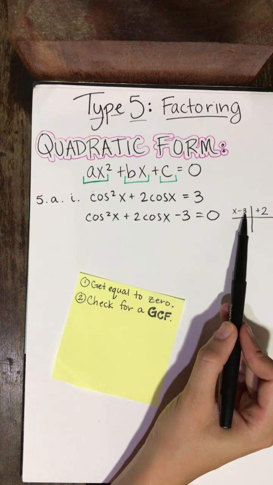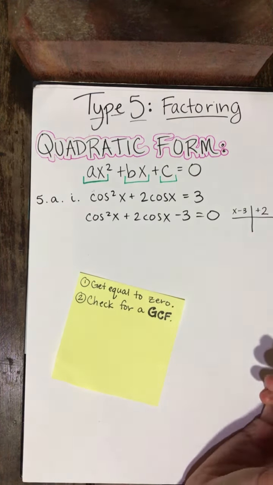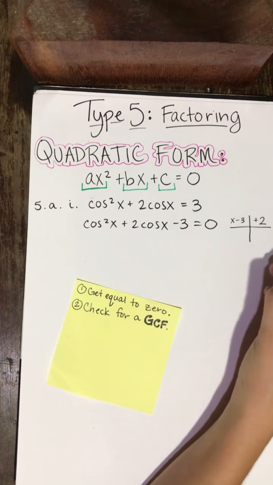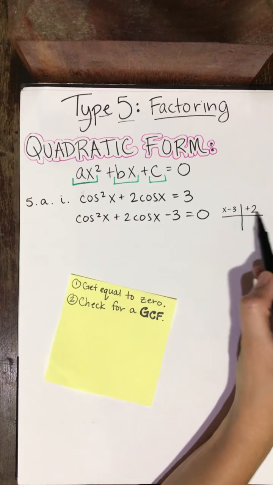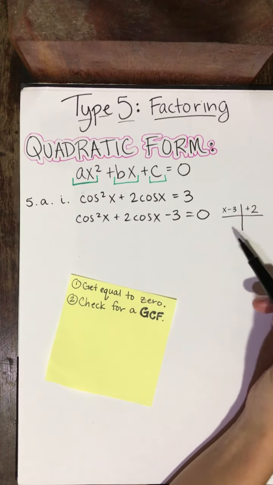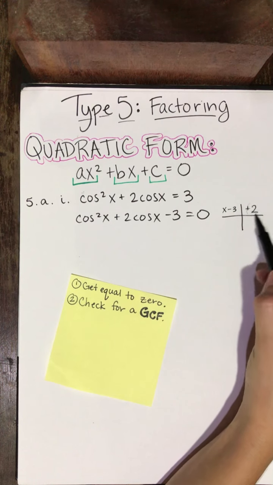So 2 numbers that multiply to be negative 3. The only numbers that multiply to be 3, period, are 3 and 1. Since it's got to multiply to be negative, one of them has to be negative, one of them has to be positive. We have to add to be a positive number. So my bigger number needs to be positive, because that's the rules of adding positive and negative numbers, that the bigger number is what sign you keep.